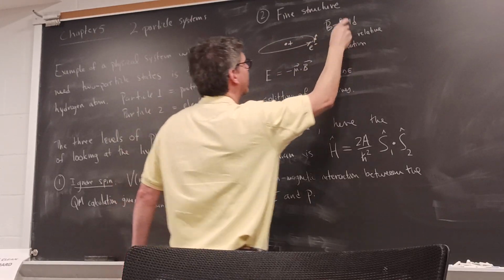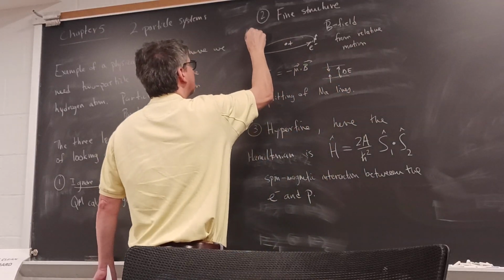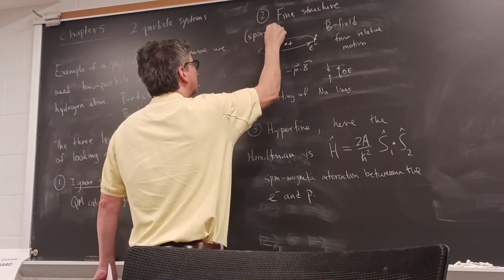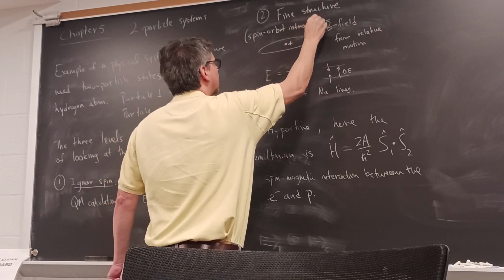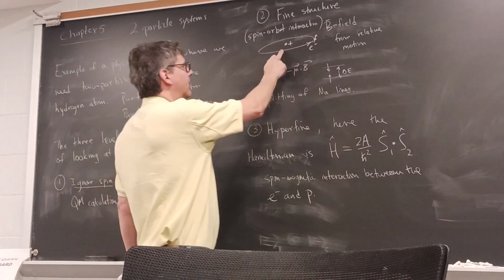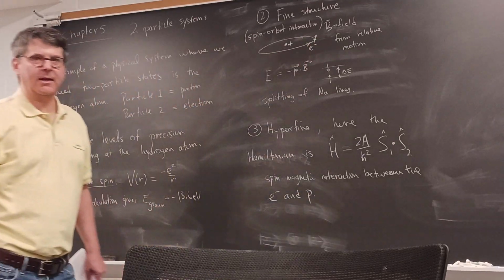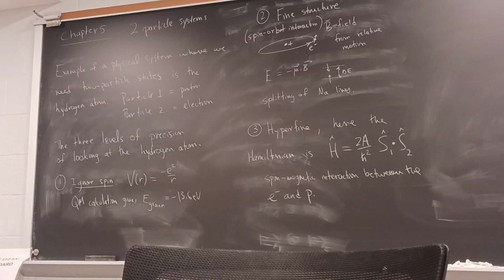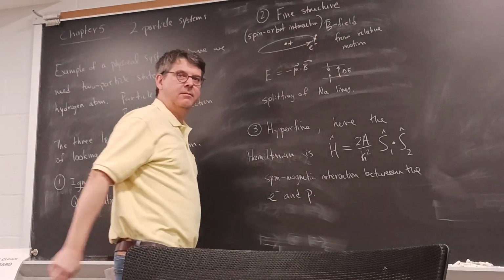This is the spin orbit interaction. So the orbital angular momentum causes an induced magnetic field, and that splits the electron energy.